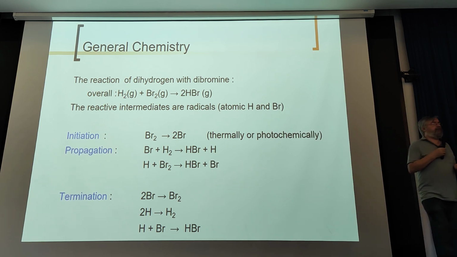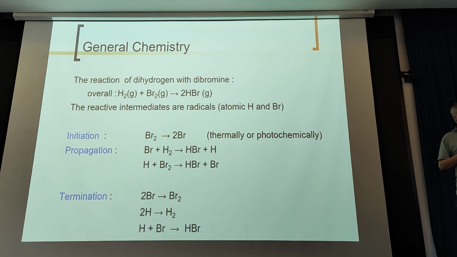Or hydrogen and bromine come together, and then we have another molecule of HBr. Overall, the reaction is that dihydrogen and dibromine form two HBr molecules, which is the result of repeating the propagation reaction.